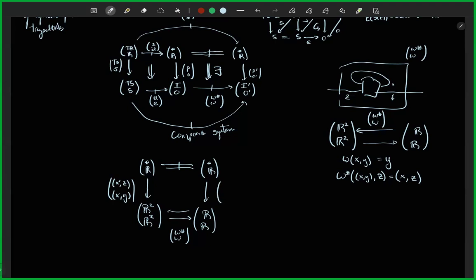And then here I have three other functions. I'm going to be really cheeky: this is going to be called x bar, y bar, and z bar. We don't know anything about these, except that we're now going to get a bunch of equations by asking that this be a square.